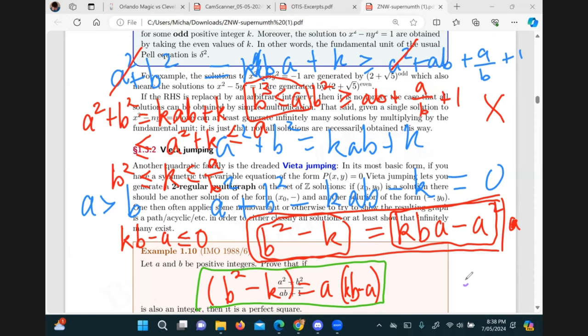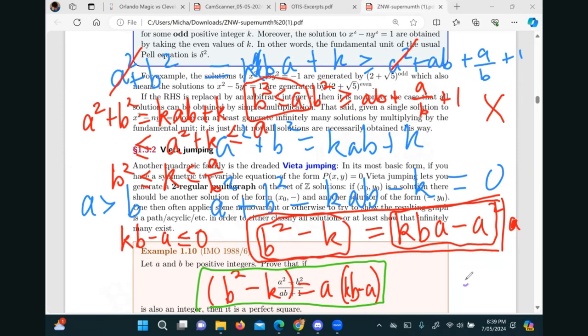No, because we know that this here is an integer, and then we know that KB minus A is an integer, right? And then we know that since this can't be B cubed, right, this is less than B squared, which is less than K, right?